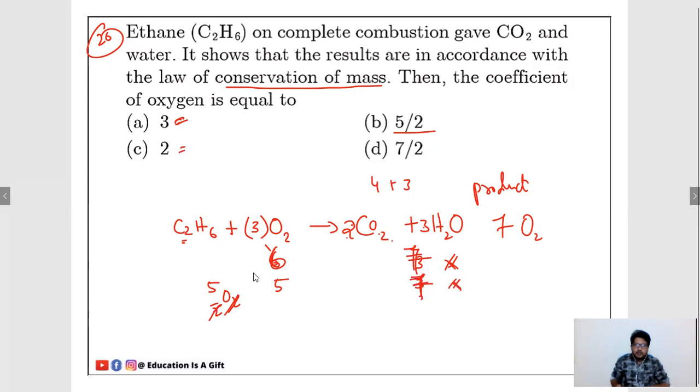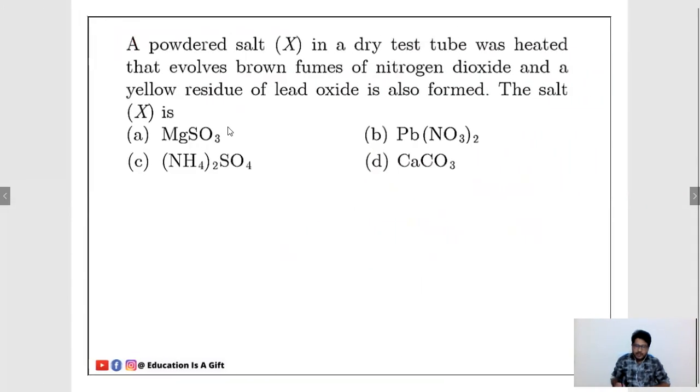Here let us keep 2, 2 into 2 is 4, this side 7, 4 is not equal to 7. 5 not equal to 7, no. Substitute 7 by 2 O2, the 2 gets cancelled, we got 7, product side we have 7. 7 is equal to 7, so the answer is D, 7 by 2. Like that you can substitute and check it.